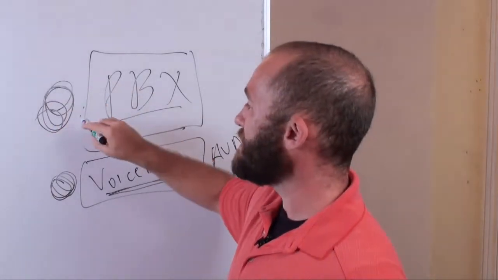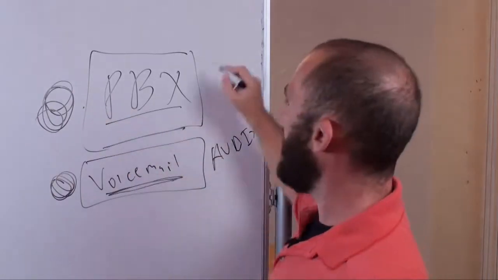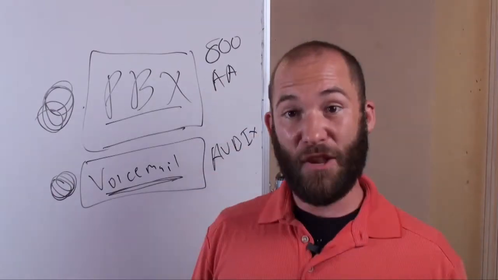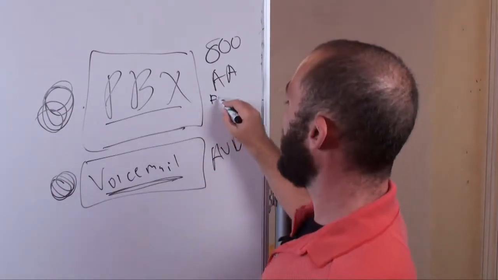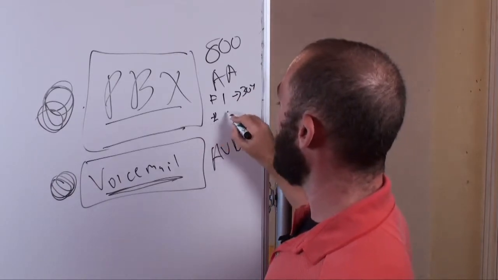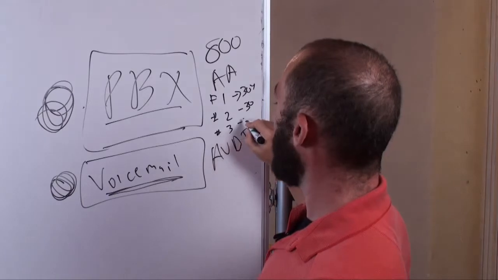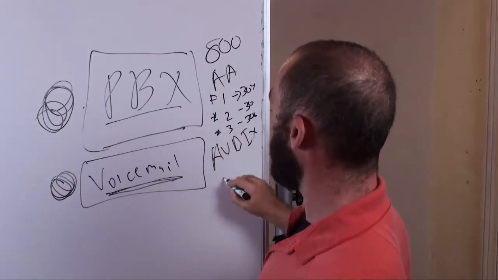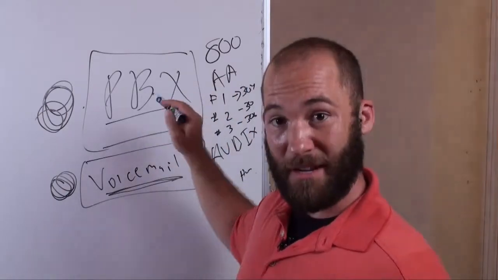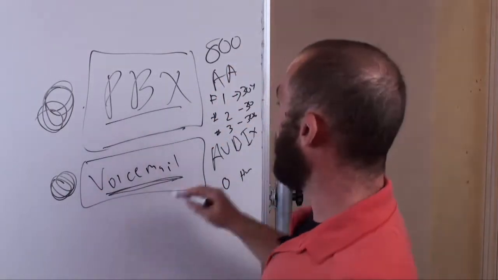Basically what happens is within the PBX, you say, I want extension 800 to be an auto attendant. And then you put in, if somebody presses 1, go to extension 304. If somebody presses 2, go to extension 305. If somebody presses 3, go to extension 306. And if somebody presses 0, hang up, right? So that is what is programmed into the PBX. But the message that you are hearing is in the voicemail.